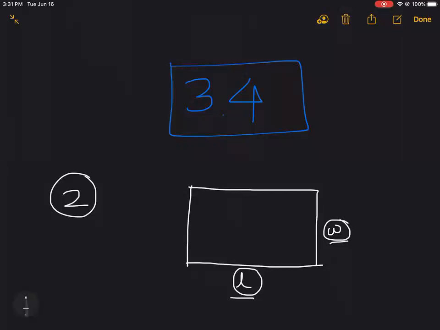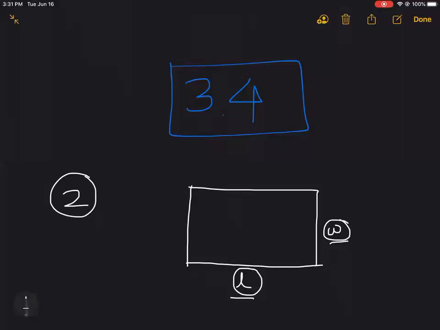Length times width. Okay, so what do you mean by length times width? Do you have the file? You can actually open that, that would be better. You can actually see the question then. It will take longer if I just say the question again and again.